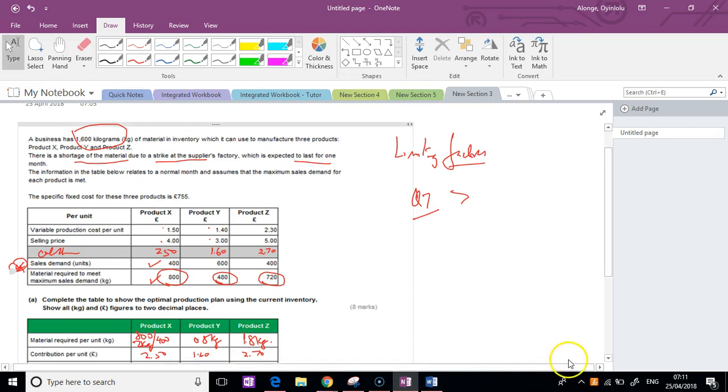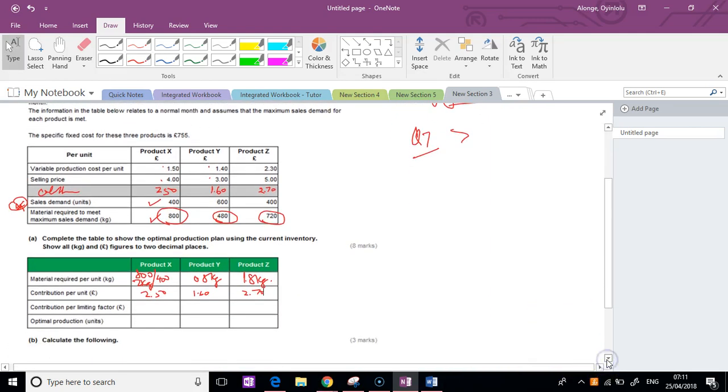Brilliant. Then they ask you, what is the contribution per limiting factor? If the limiting factor is the kilograms that you need, it's really asking how much contribution you are gaining per kilogram. So £2.50 divided by 2 kilograms, £1.60 divided by 0.8, and £2.70 divided by 1.8.